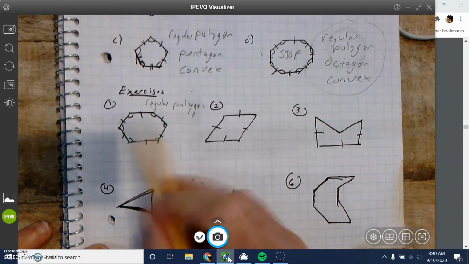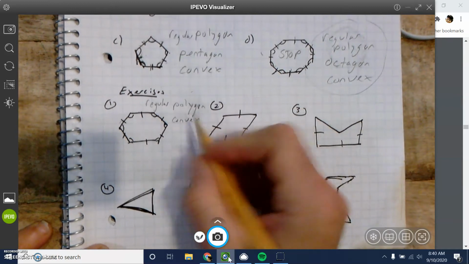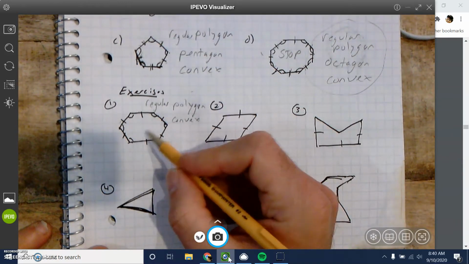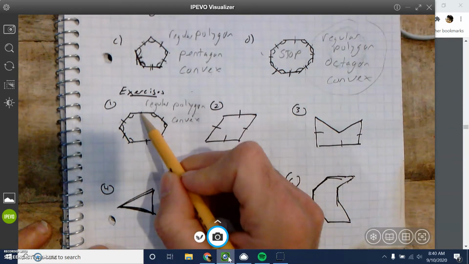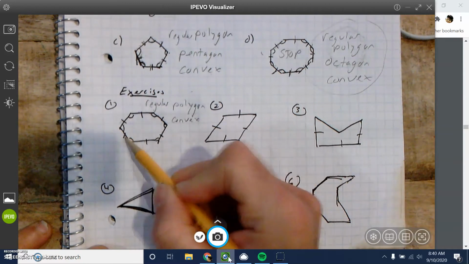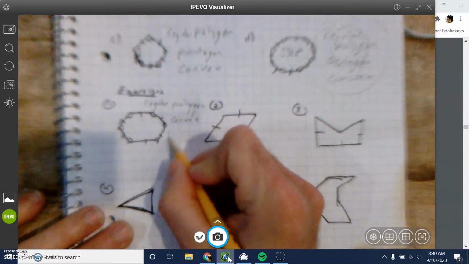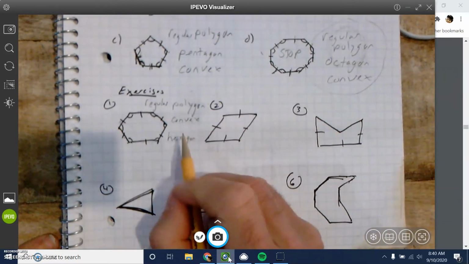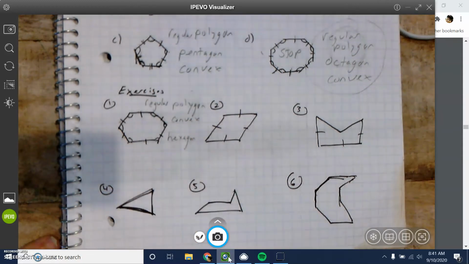Is it convex or concave? This one's going to be convex because it doesn't have a little cave to it. That's how I think about it. All right, what type of polygon is it? We've got to name it by its number of sides. 1, 2, 3, 4, 5, 6. A six-sided shape is called a hexagon. Nice job. So those are the three classifications for number 1.